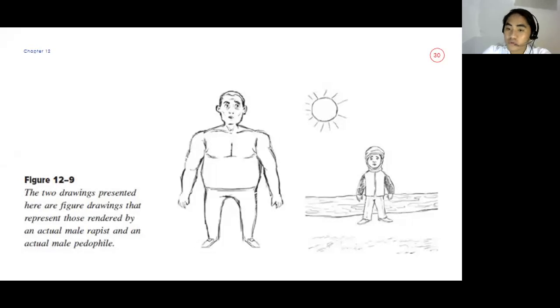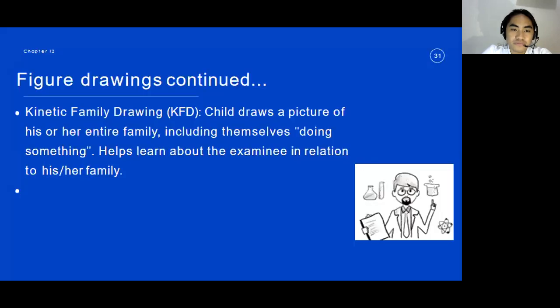Developmentally, he did not progress beyond a certain stage. Something really bad happened in his life. So hopefully it illustrates the usefulness of the draw-a-person test, but there's also a tinge of sadness with some of the clients that you might encounter.